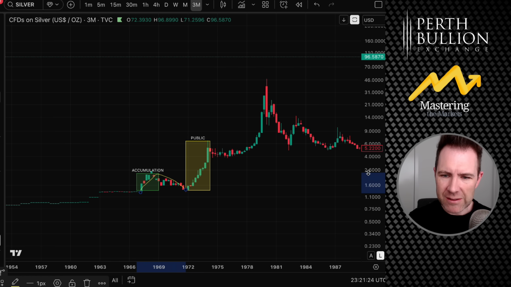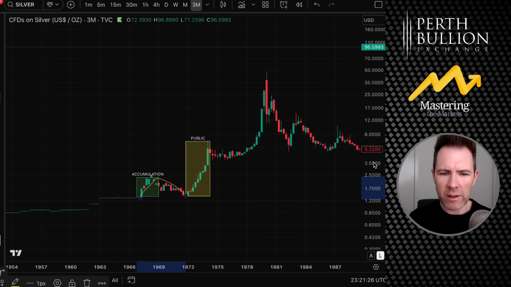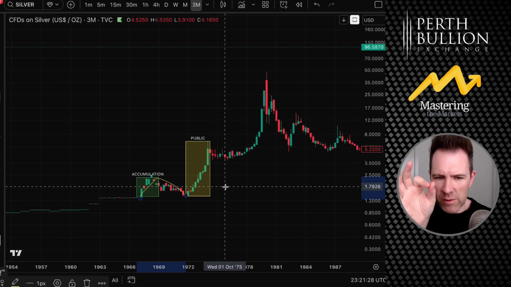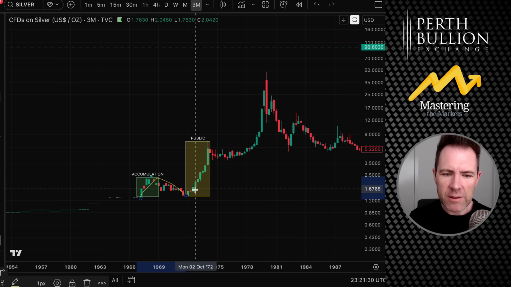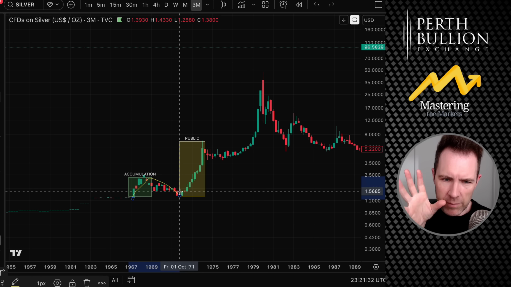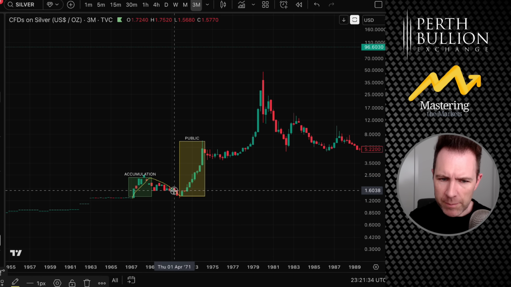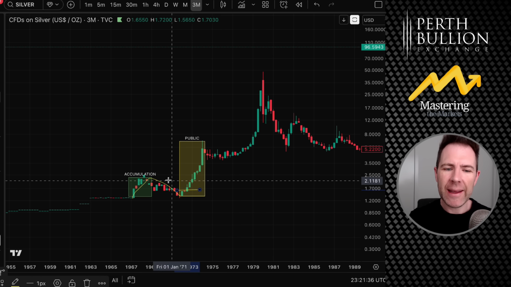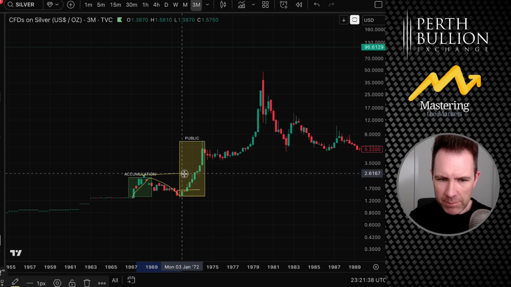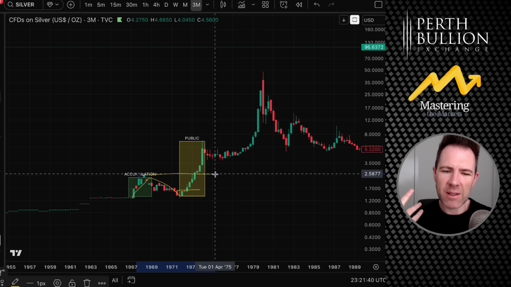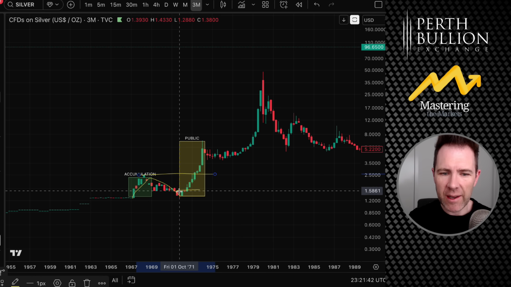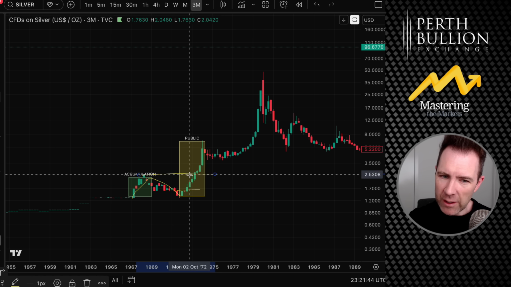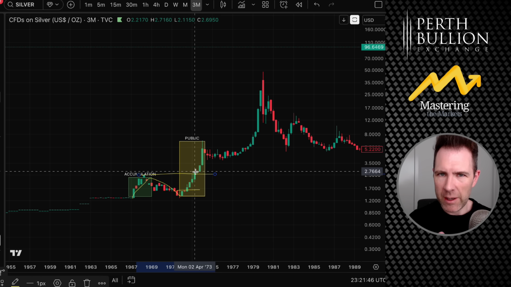Then at some point it starts turning around, and again, we're on the quarterly time frame. I could go into the smaller time frames and show you where it turns around, but this is just the larger zoom out. Then people start seeing it waking up. And when it breaks above around your halfway, or it breaks the previous high, that's the early public participation, and that's the later public participation.